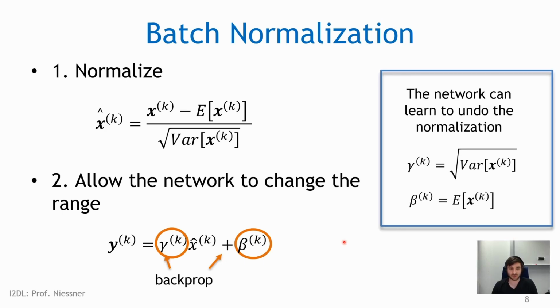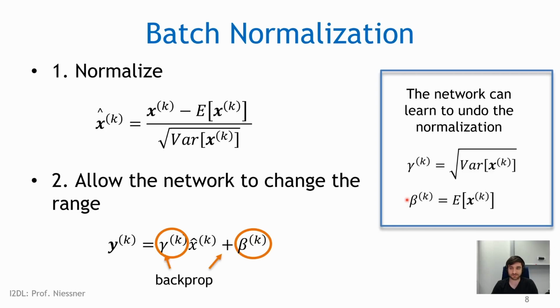In theory, the network could also learn to undo the normalization by learning the reverse of it. If the normalization at a certain layer is not really helpful, the network can learn to undo it. And as part of this exercise, we have an optional notebook where you can implement batch normalization yourself and see how it works.